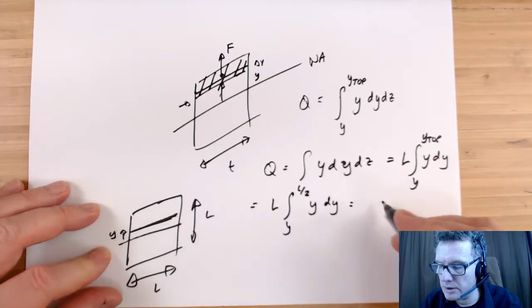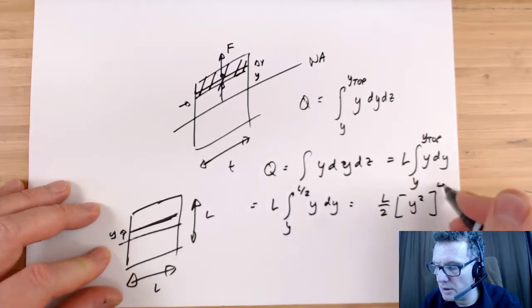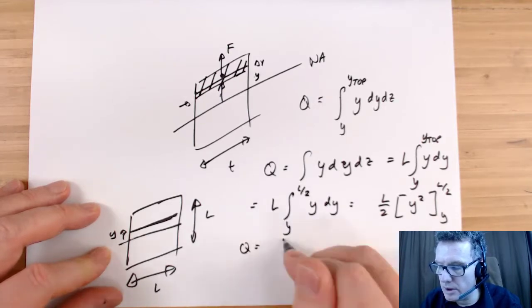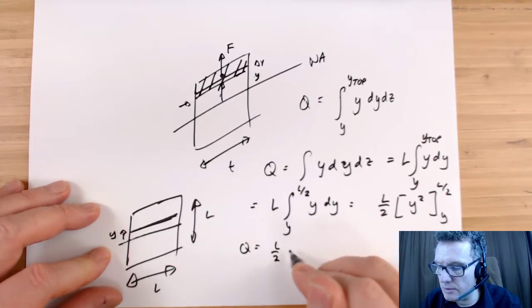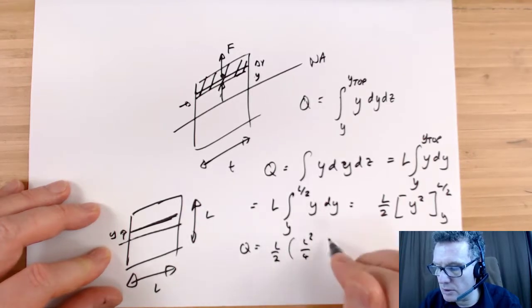You need to integrate that. So that's going to give me L over 2 y squared, L over 2 from y. So Q is given as L over 2 times L squared over 4, take away y squared.